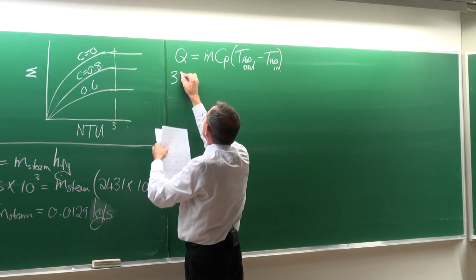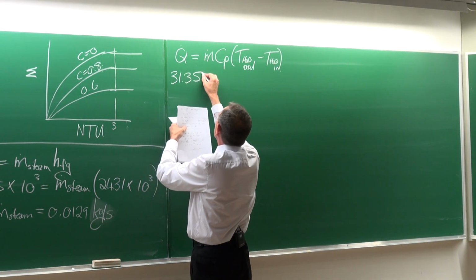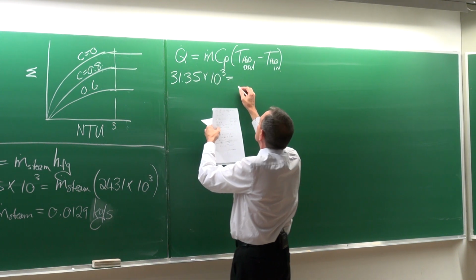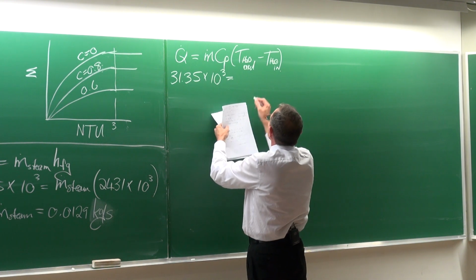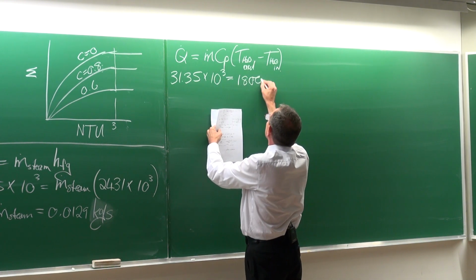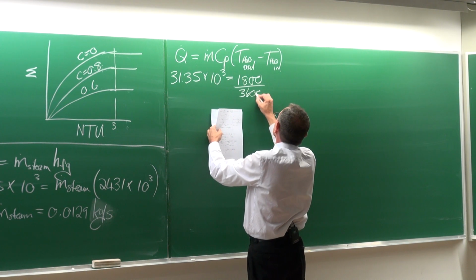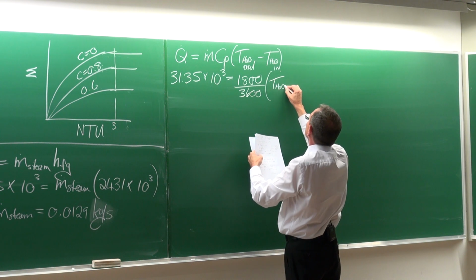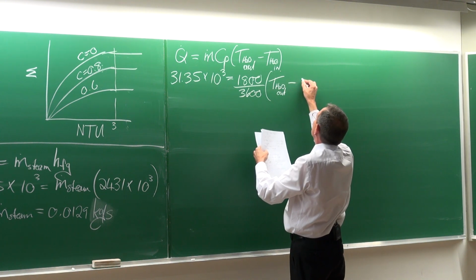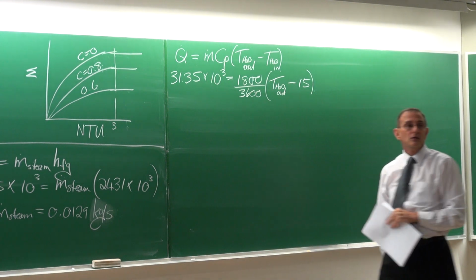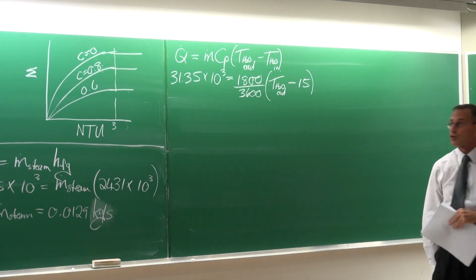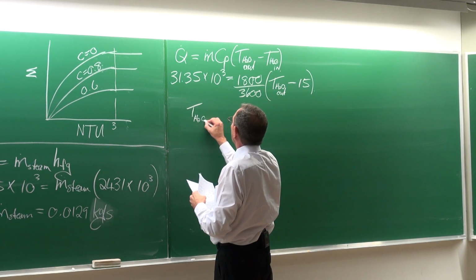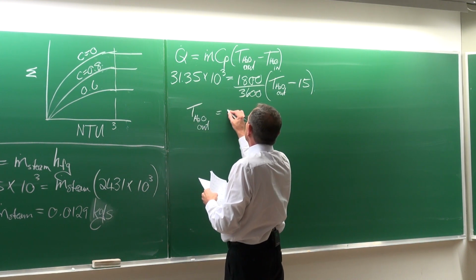We've got the heat transfer rate is 31.35 multiplied by 10 to the 3 is equal to, the mass flow rate is 1,800 divided by 3,600. The outlet temperature is what we would like to get. Inlet temperature is 15 of the water that is being used to do the condensation, and therefore, guess what? The outlet temperature of the water is 30 degrees.